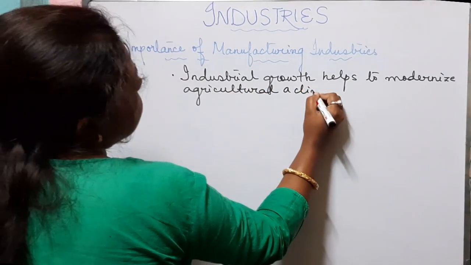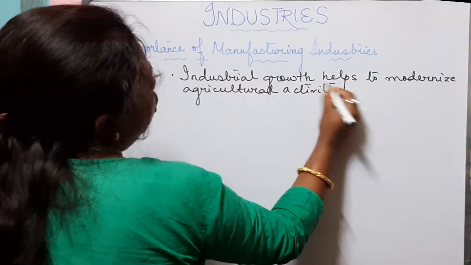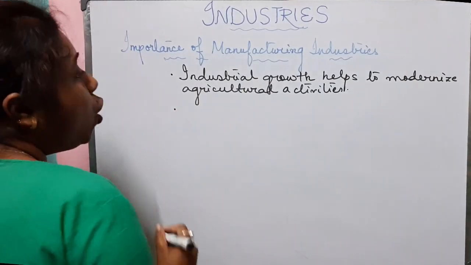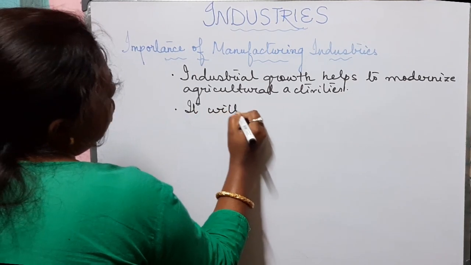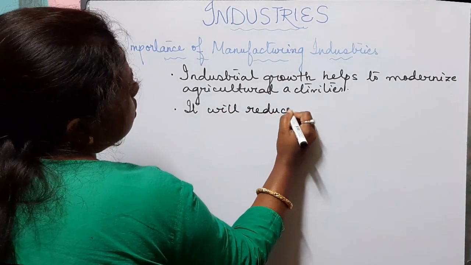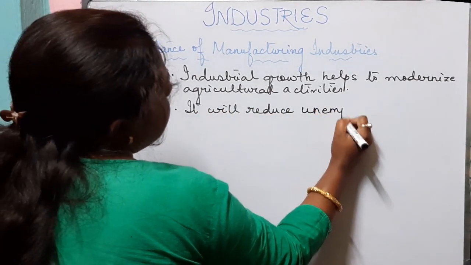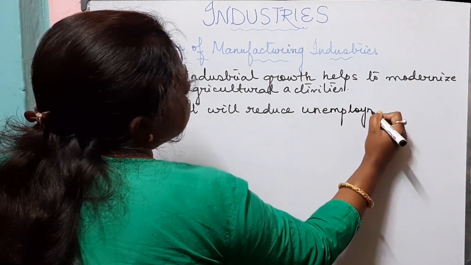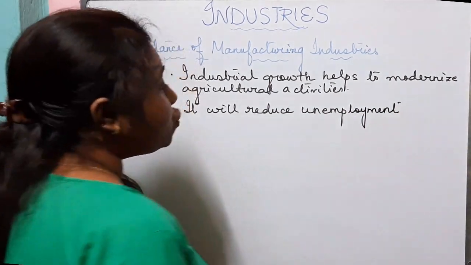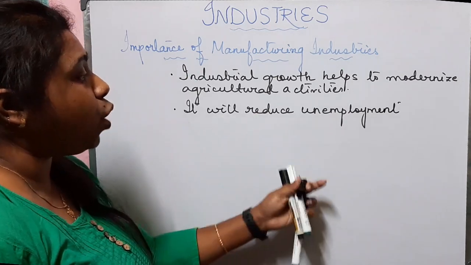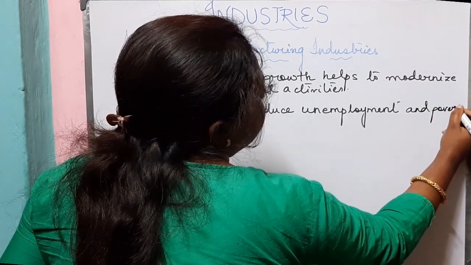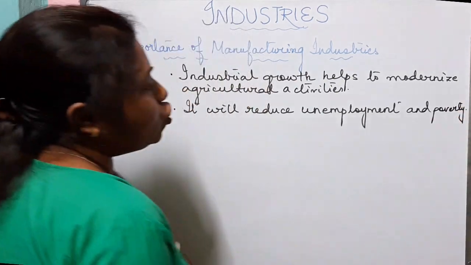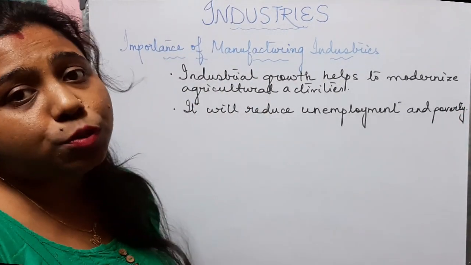So agricultural activities will get modernized and thus the production will also increase. It will reduce unemployment, as there will be more industries, more employment opportunities will be created, so unemployment will be reduced, and as there will be secured jobs, poverty will also be reduced.